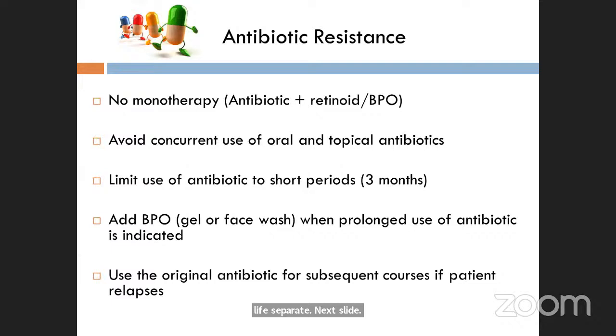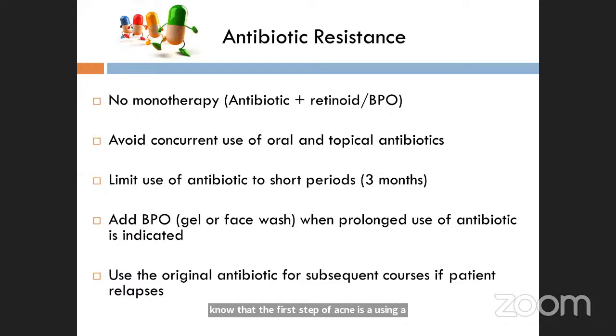So how do we use our topical and oral antibiotic in a way that it does not lead to drug resistance? Avoid monotherapy. Don't give clindamycin or nadifloxacin gel just standalone. We know that the first step of acne is using a keratolytic agent, and antibiotic creams standalone have no role.